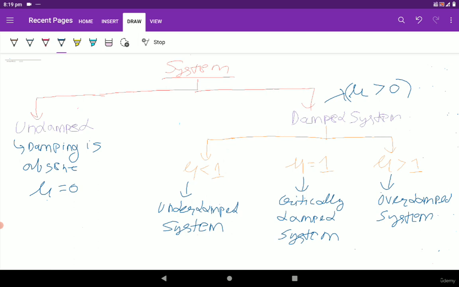So let's first start with erasing this whole thing.